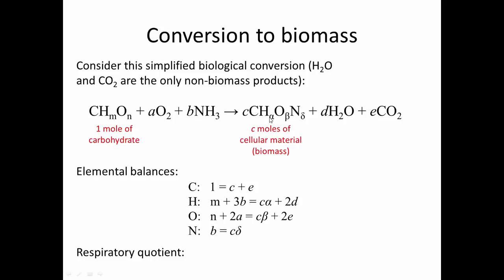On the product side, we have alpha moles of hydrogen in the biomass multiplied by C moles of biomass per mole of carbohydrate used, and D moles of water produced. And of course water has 2 hydrogens in it, so it would be 2D here. And then as another layer, we have the respiratory quotient, which is the amount of carbon dioxide produced divided by the amount of oxygen consumed.